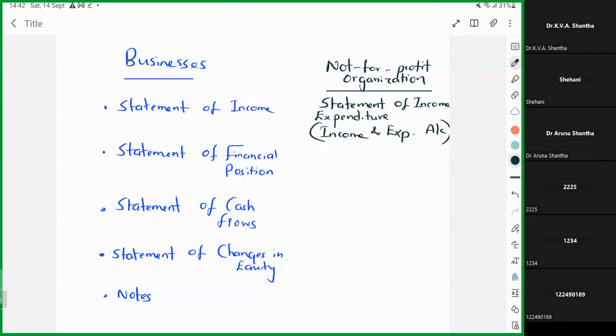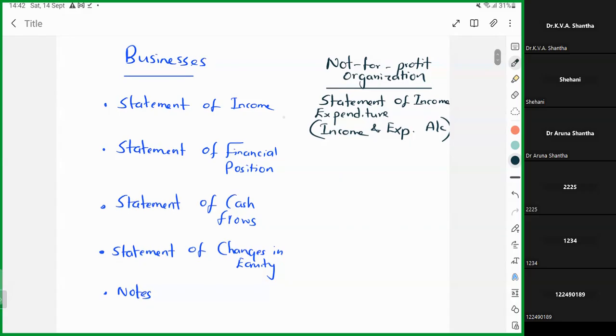If you present it as a statement, you can say statement of income and expenditure. Right.